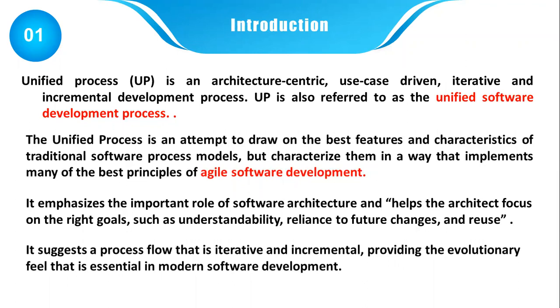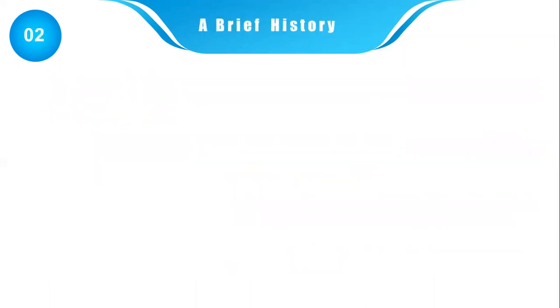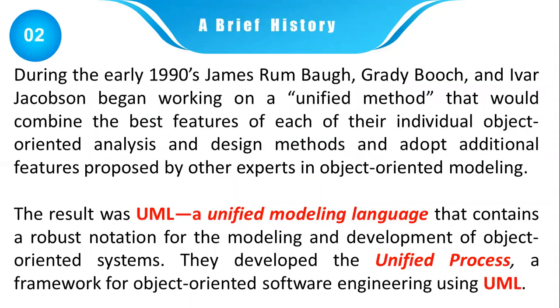Now coming to the brief history, during the early 1990s, James Rumbaugh, Grady Booch and Ivar Jacobson began working on a unified method that would combine the best features of each of their individual object-oriented analysis and design methods and adopted additional features proposed by other experts in object-oriented modeling.